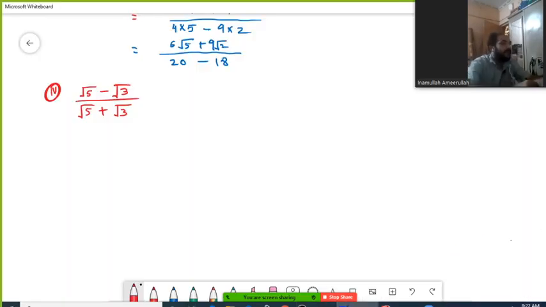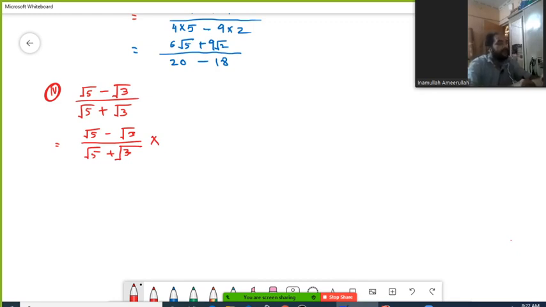In the same manner, I'll write my fraction root 5 minus root 3 upon root 5 plus root 3, and I'll multiply with the denominator by changing its sign.